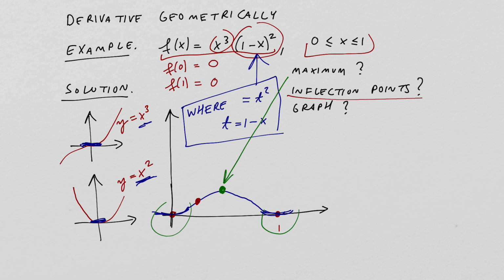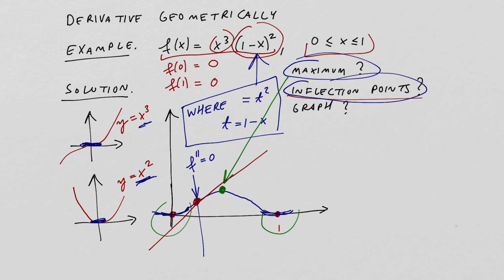If we draw the tangent to that point, then the tangent will be cutting this graph in such a way. Inflection points are such points that the second derivative of the function is 0 there. So let's check for the maximum value and the inflection points, and then draw a better graph of the function.